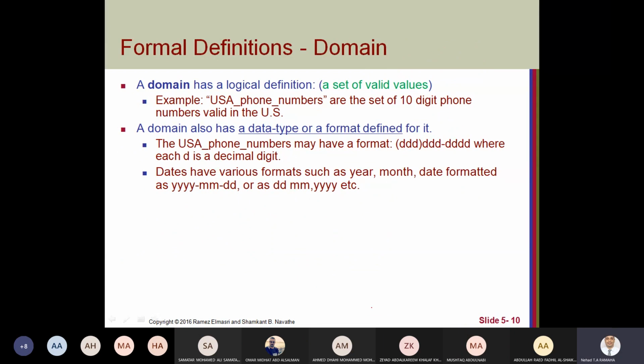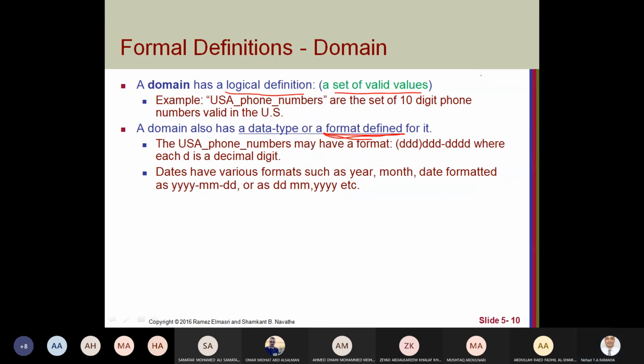A domain has two things: the logical definition, which is a set of values, and the format. For example, you can define a date.